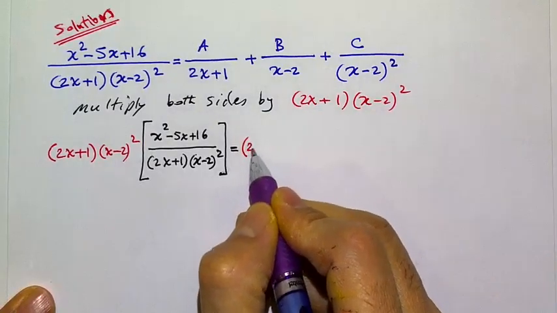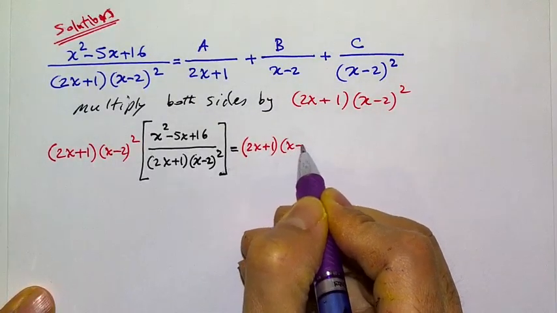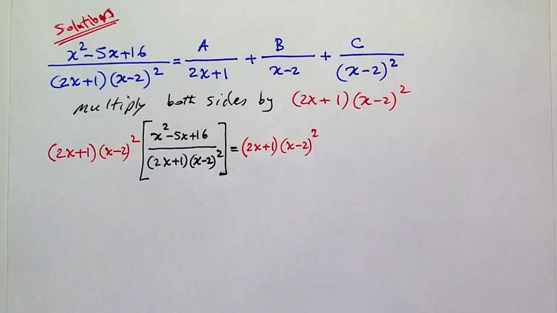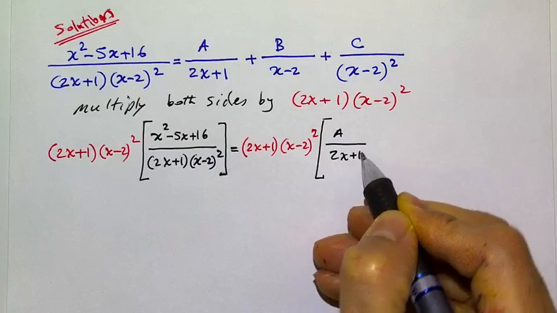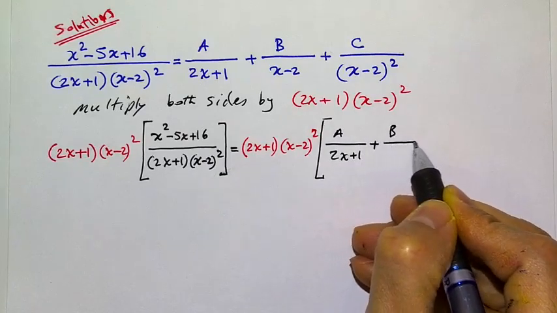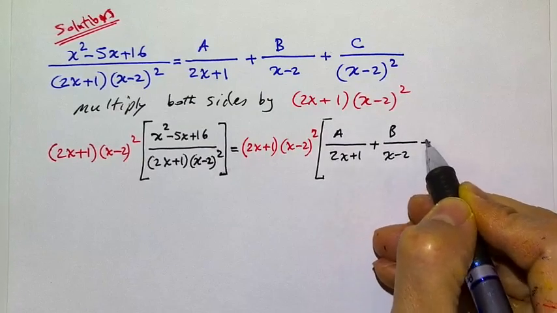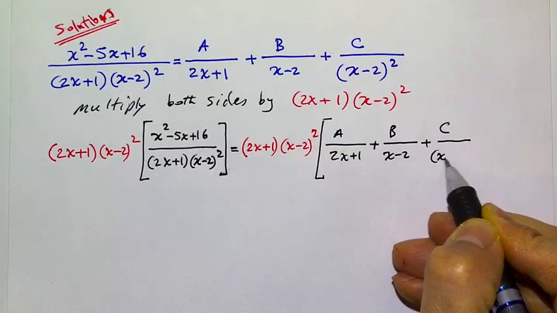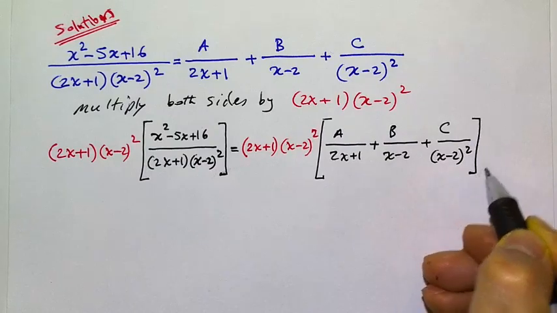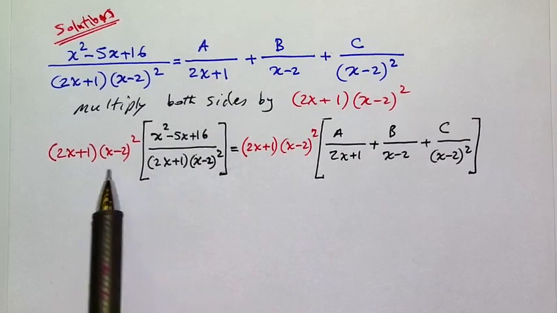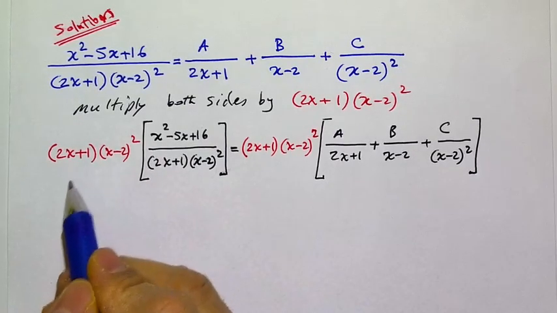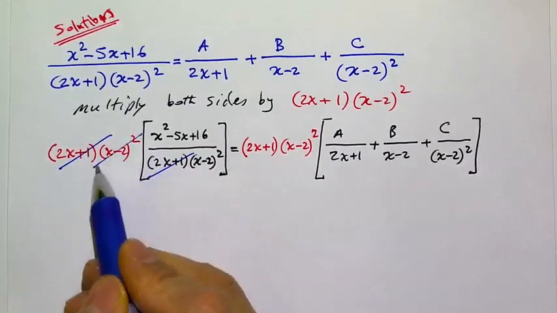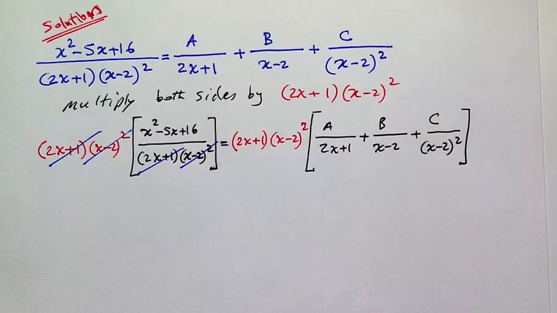So we have 2x plus 1 times x minus 2 squared times a over 2x plus 1 plus b divided by x minus 2 plus c over x minus 2 squared, like that. All right? Now, on the left side, things are wonderful, right? Because this whole thing cancels out with this thing. So we end up with this expression.